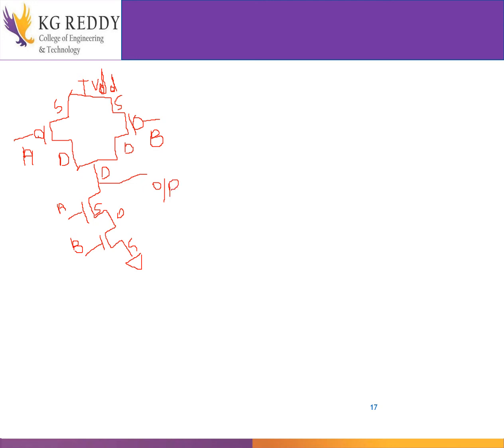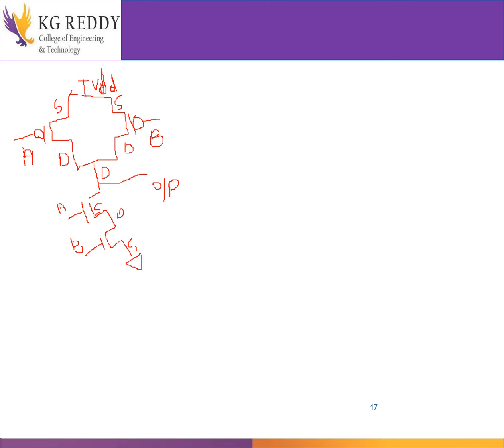In this way, if I am writing A dot B, and if I change the logic sign, for example to A plus B, then the connections will also get changed.